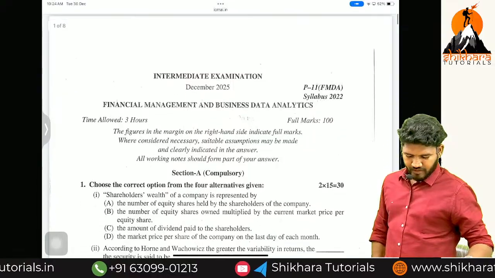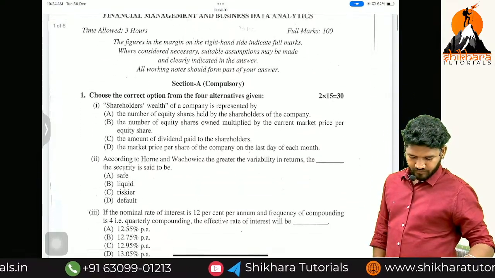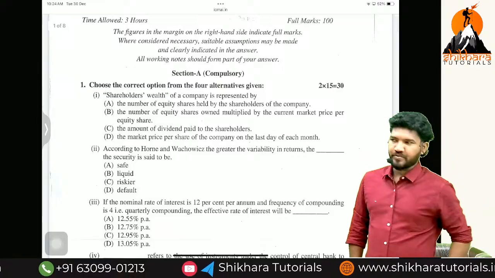Just see here, the December 25 question paper. What about MCQ number 1?